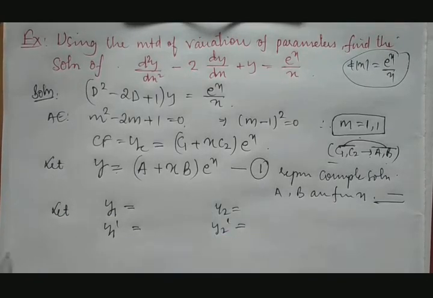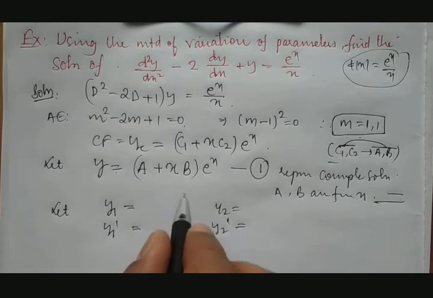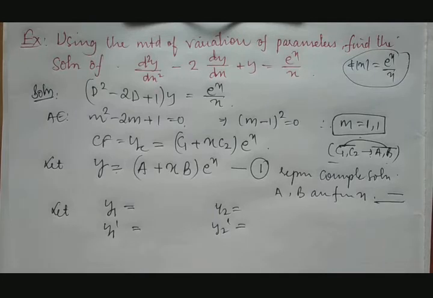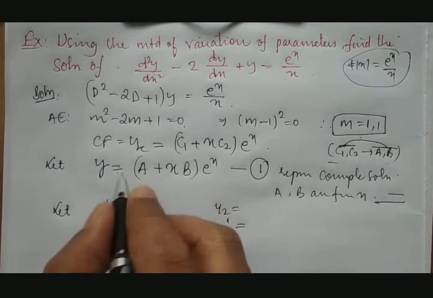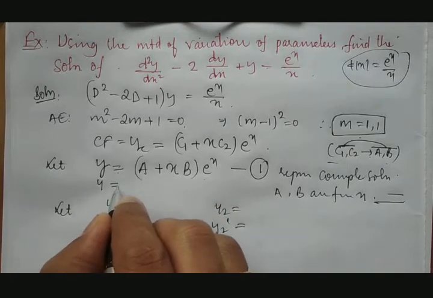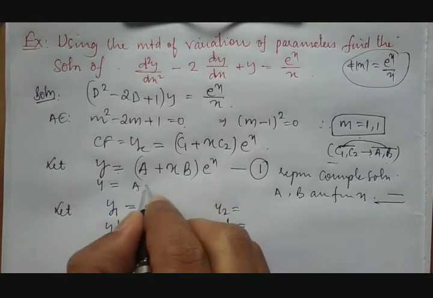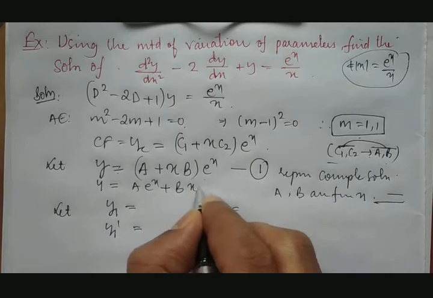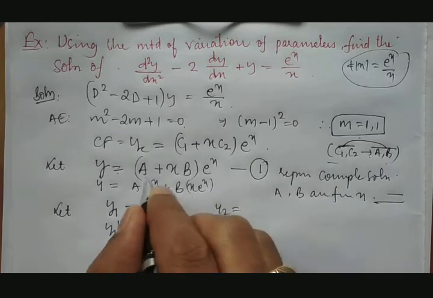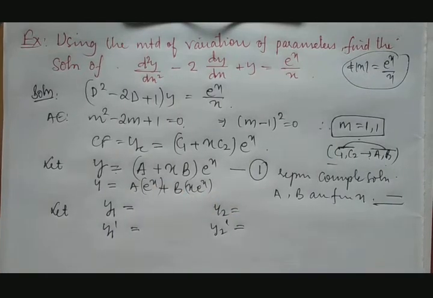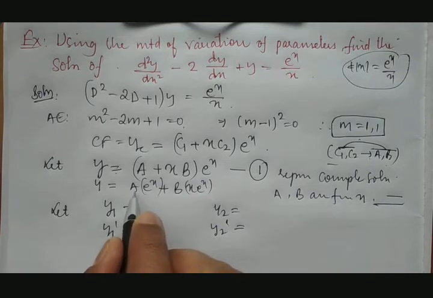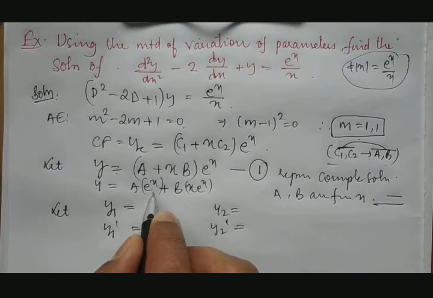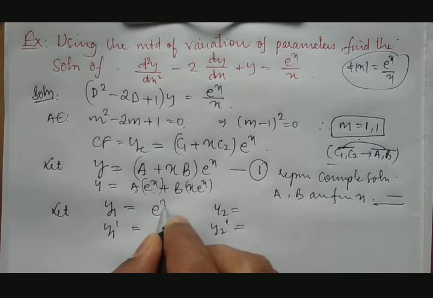What is y1 here? y1 means the first function, the coefficient of a. For our convenience, I'll write this once again as a into e raised to x plus b into x into e raised to x. The coefficient of a is y1, so e raised to x.